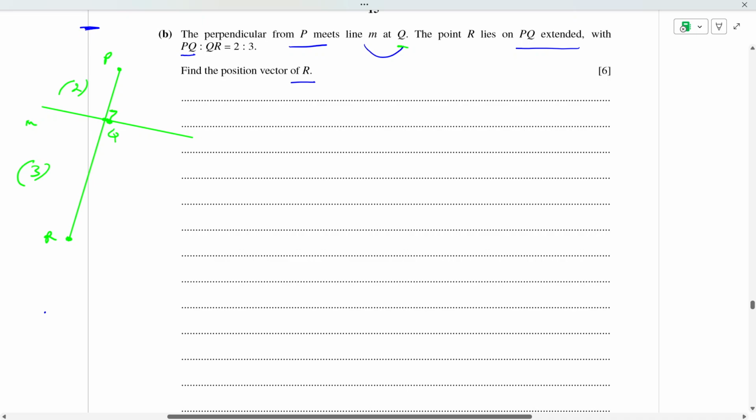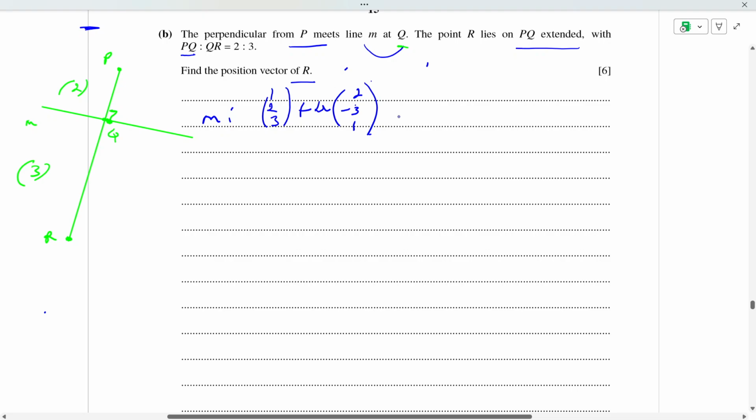Okay, so we have our points. We have M, right? M is (1, 2, 3) plus mu (2, -3, 1). Also, part B is independent from part A, because that might confuse some people.